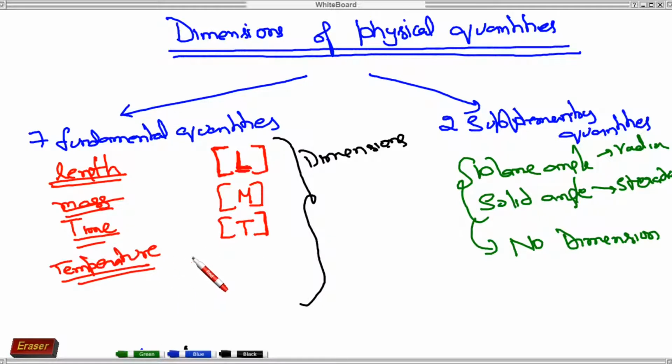For temperature, we denote it like this, K. For electric current, it's ampere, so we denote it like this, A. Here temperature, it's Kelvin, so it's K.